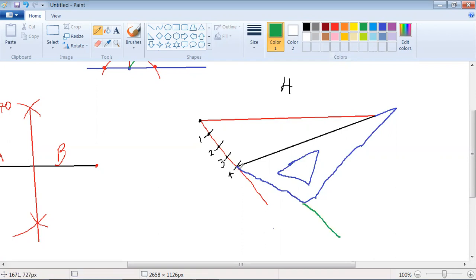The 90 set square, we're going to place it in here, this way. Put the 60, 30, 90 right here, and put the 45, 90 on this side here.